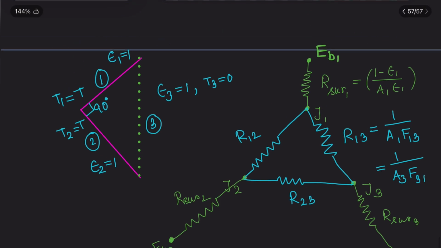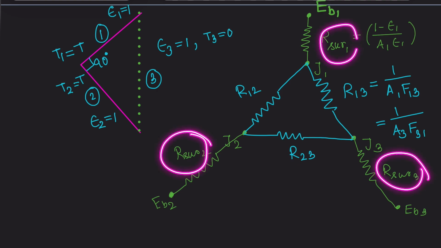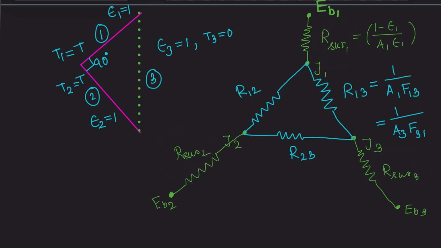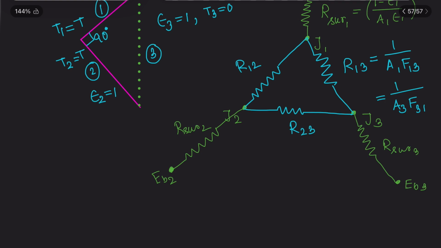Now in the examination hall, if you draw this only, then if I am the examiner, I will give you full marks. But some examiners ask for the actual or the simplified network, and for this, see, this R surface 2, R surface 3 and R surface 1, all the three are 0. That is why EB2 is equal to J2, EB3 is equal to J3, EB1 is equal to J1, right?